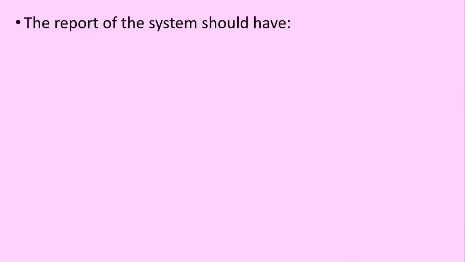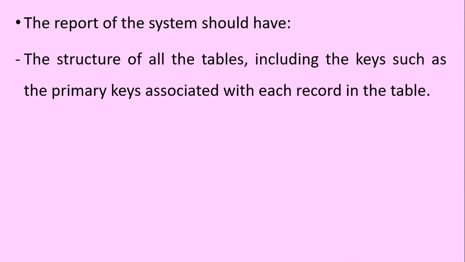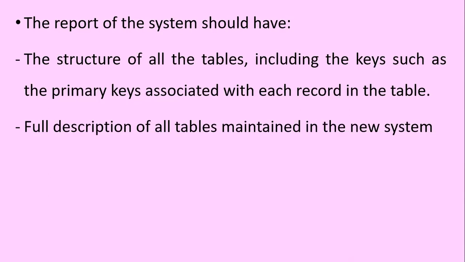The report should therefore have the following information: the structure of all the tables, including the keys, such as primary keys associated with each record in the table, a full description of all tables maintained in the new system, and the data types of the fields used.